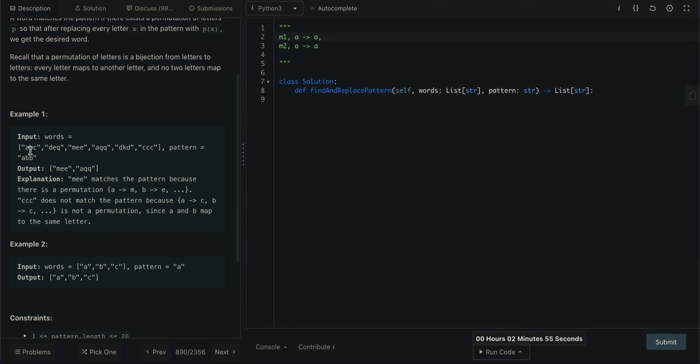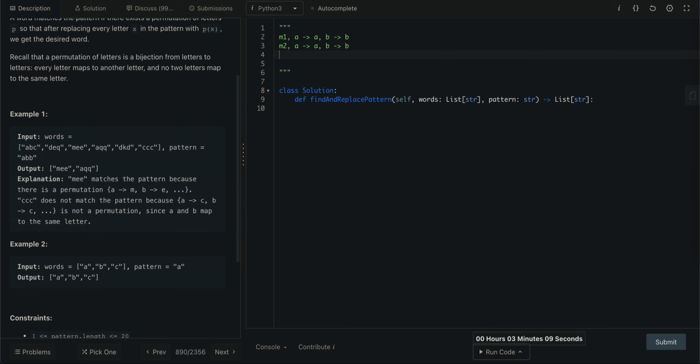Now we get B. I match this B with the B in the word, and the B in the word with the pattern. And for the last character, again we get B.